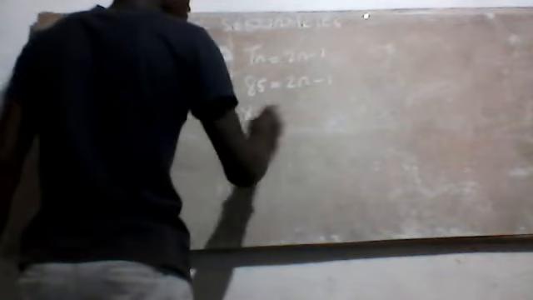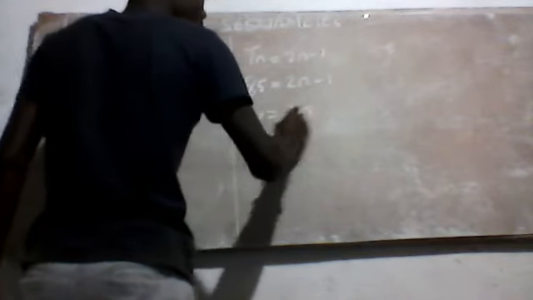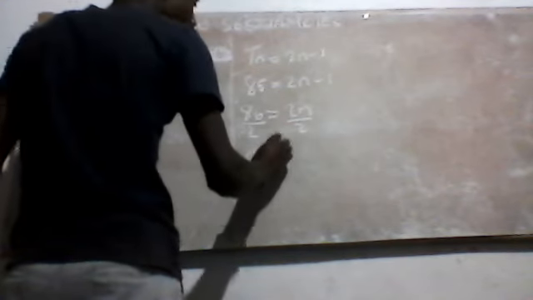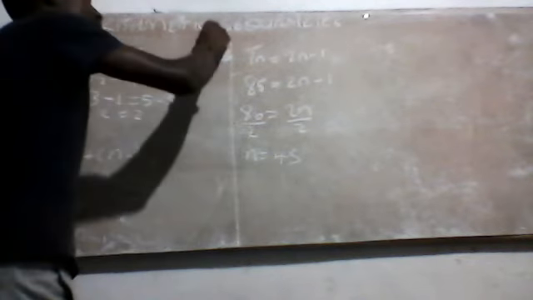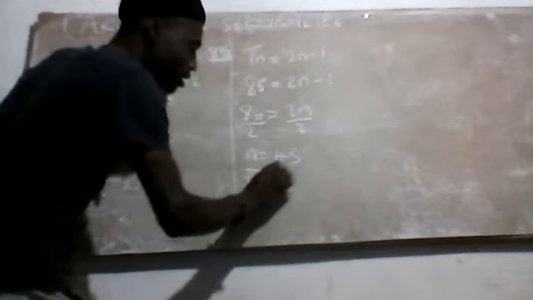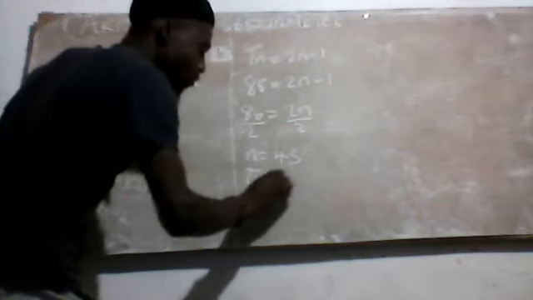So 2n minus 1, solving for n once more, I transpose my 1 in order to have 86 is equal to 2n, divided by 2. I get that n is equal to 43. So this term, which is 85, is in position number 43.